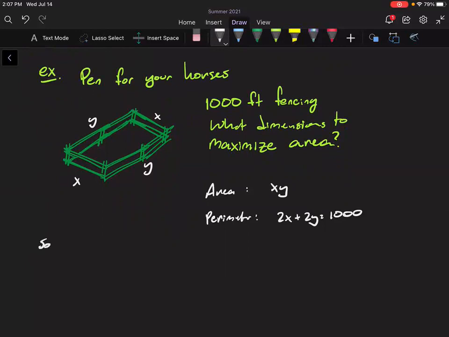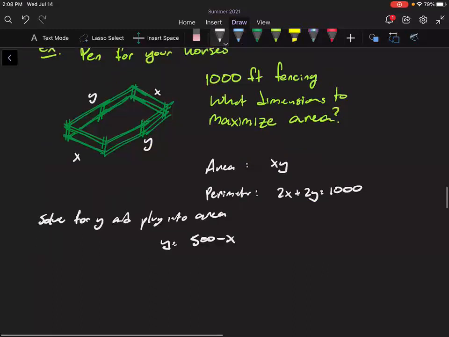So what we do is we solve for y and plug it into area. That way we only have a single x variable. And so we can find that y equals 500 minus x. So then our area is x times 500 minus x, which is 500x minus x squared.